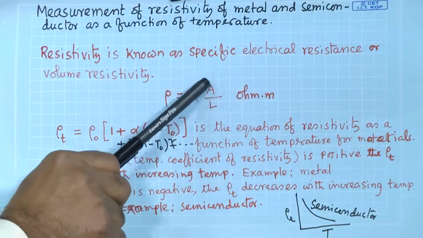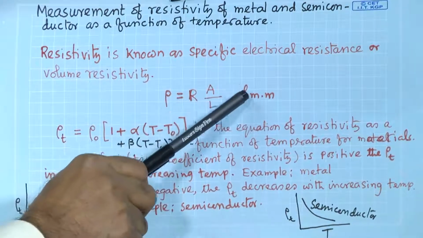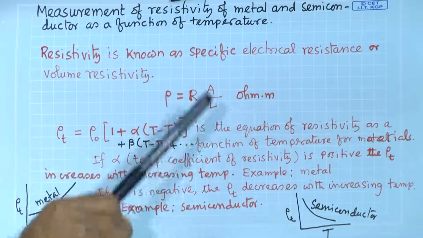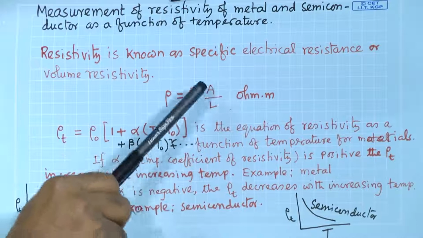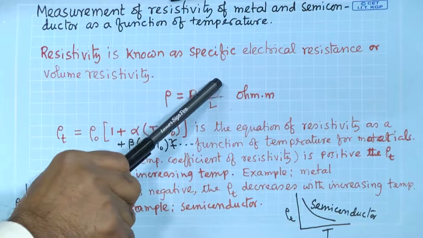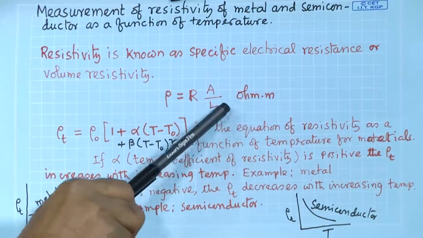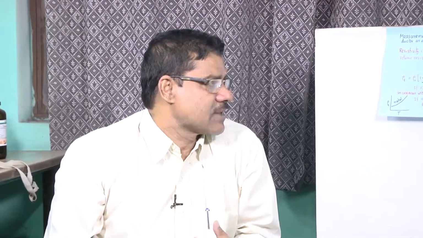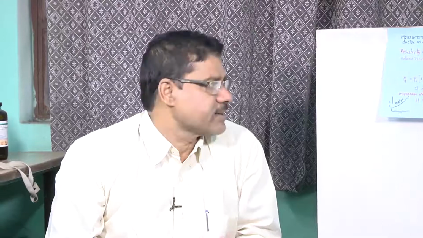That is why, here R is resistance in ohm, and if area A is 1 and length is 1, this is meter square and this is meter, so it will be ohm meter. That is why it is called volume resistivity. It is basically, for unit volume of a material, what is the resistance. So, that is called the resistivity.